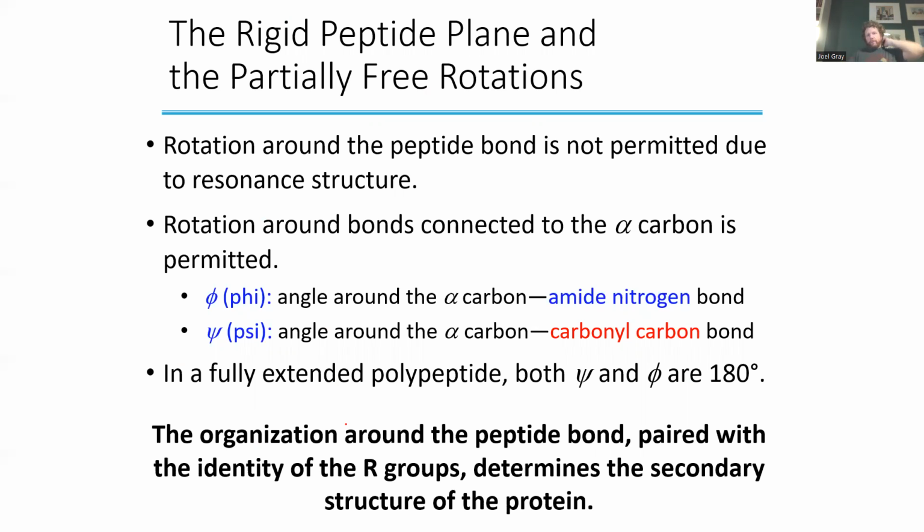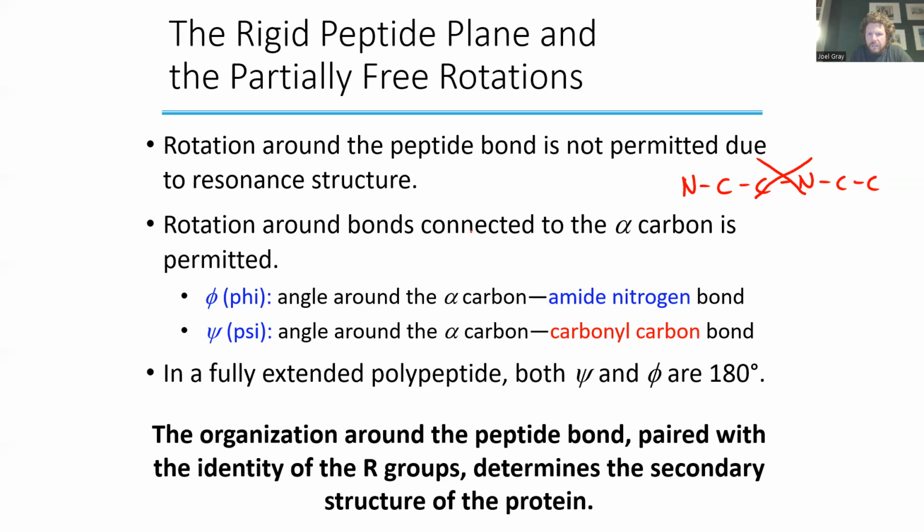Now, rotation around bonds connected to the alpha carbon is, however, permitted. So just to give you a little bit of an update or refresher, I'm going to draw a peptide backbone. N, C, C, N, C, C. This is for a dipeptide. I'm going to cross out my peptide bond.